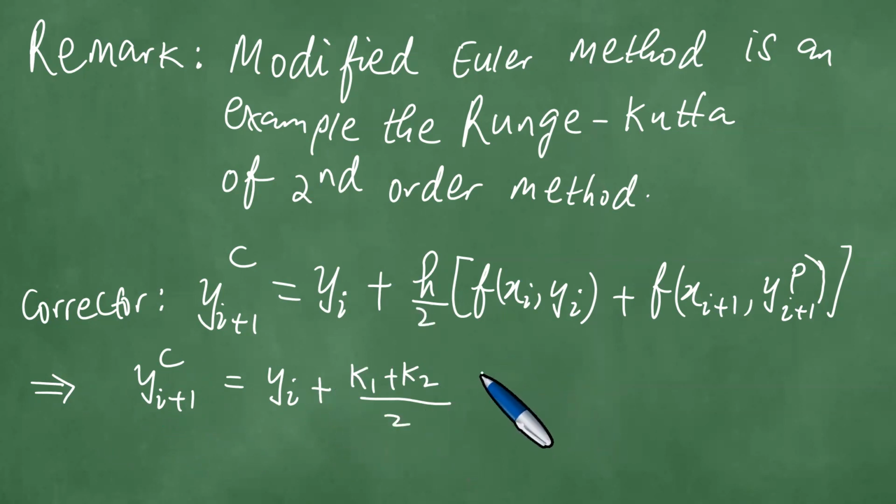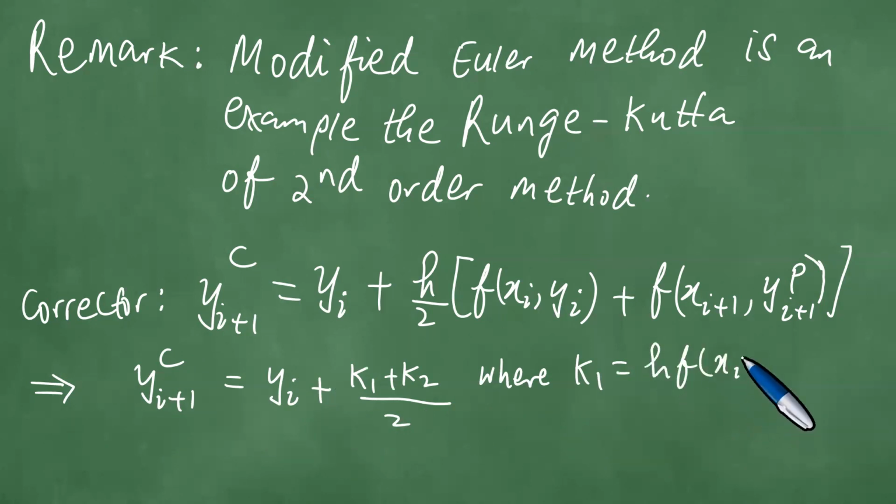Where k1 is h f of x_i, y_i, and k2 is this one, but you just allow the h to go in if you multiply here.